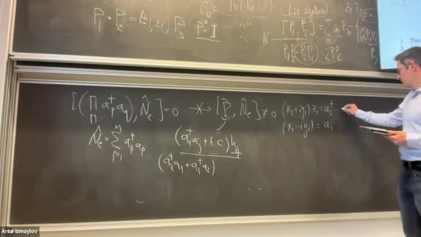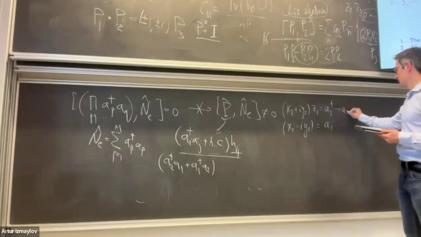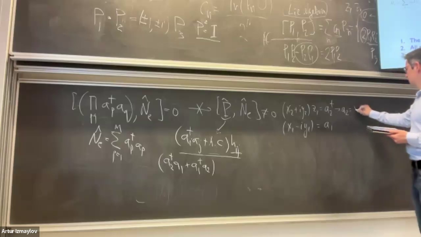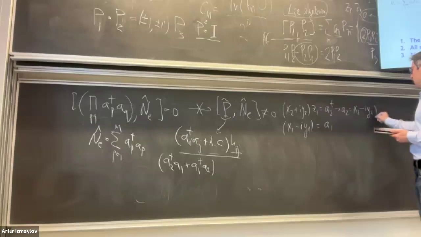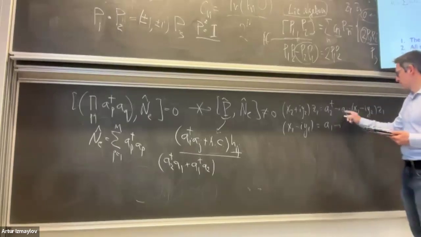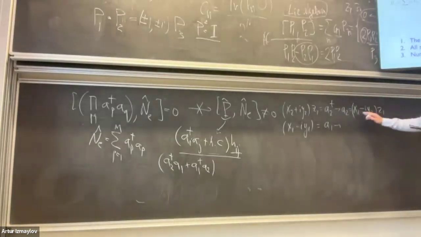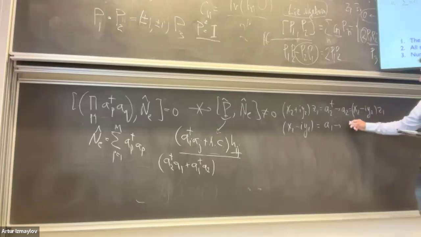Correspondingly, we have a_2, that is X2 minus i Y2, Z1, just by Hermitian conjugation. All the letters, when you conjugate them, give themselves, and you just need to change the i. And then a_1 dagger will be X1 plus i Y1.